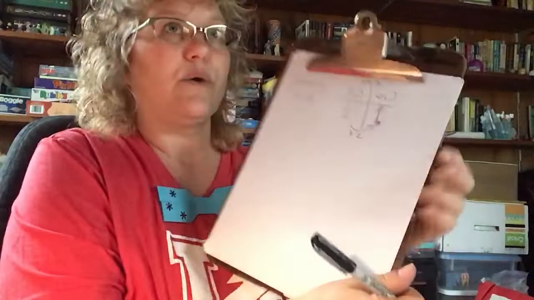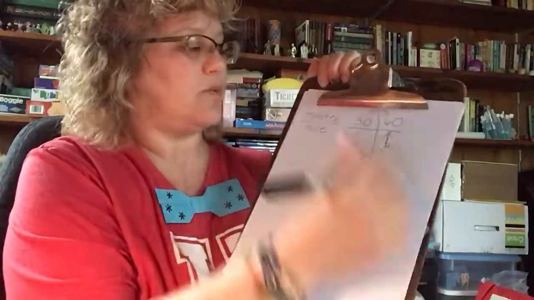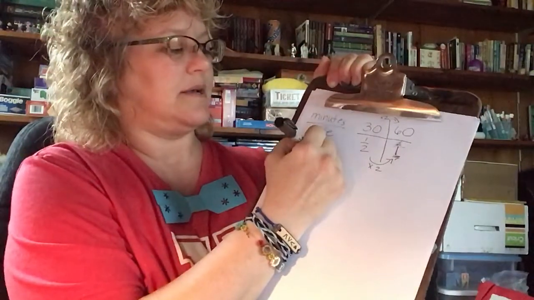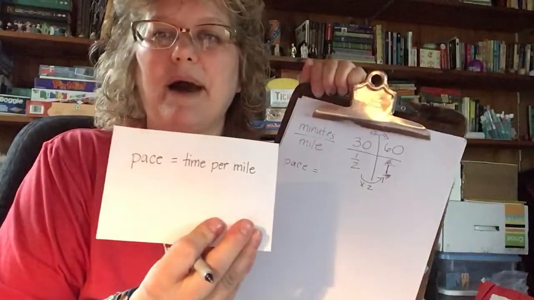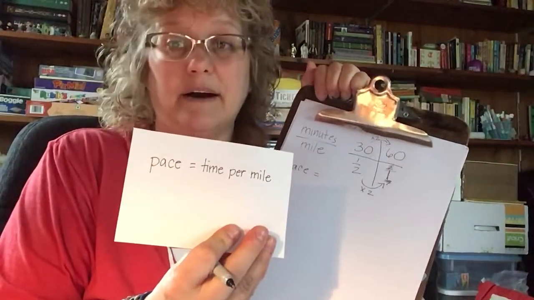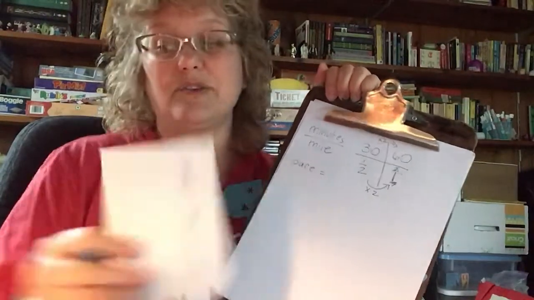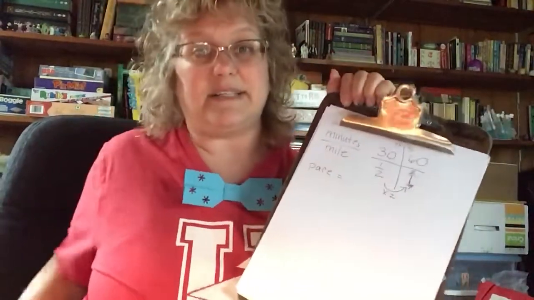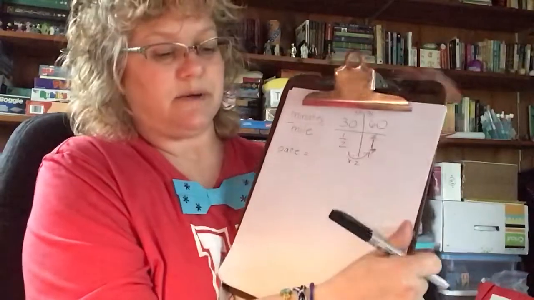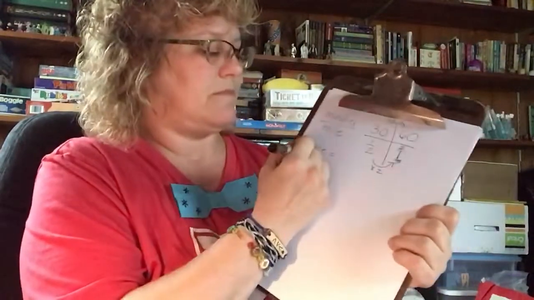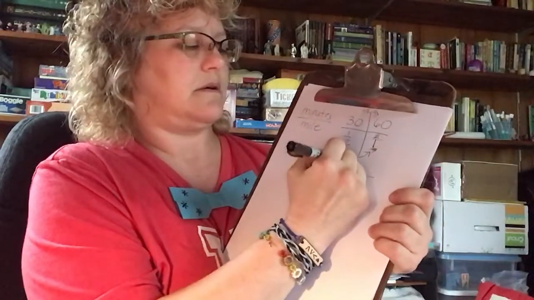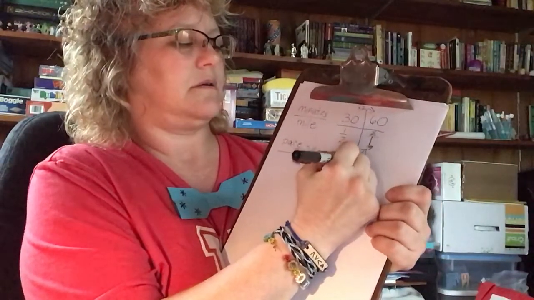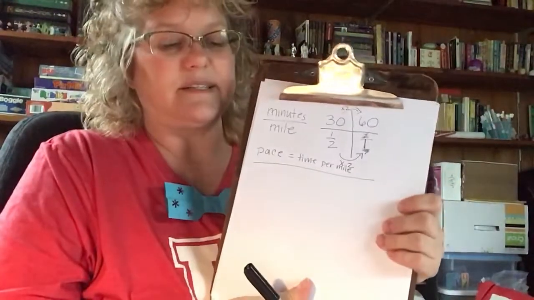Because again, where it says pace on this one, it says time per mile, not time per half mile, time per mile. So that means we need to increase it so we can get to the mile mark. Time per mile, that's what your pace is going to be.